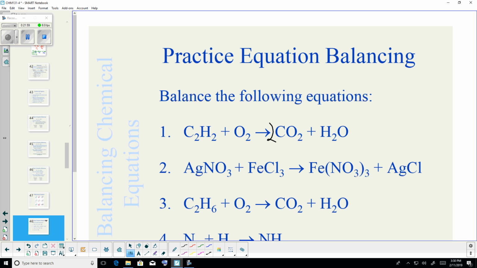here. Next, we're going to do hydrogen, because that's not by itself. We have 2 hydrogen there. We have 2 on each side. Fine. Oxygen, we got 2 on the left. How many we got on the right? Nope.